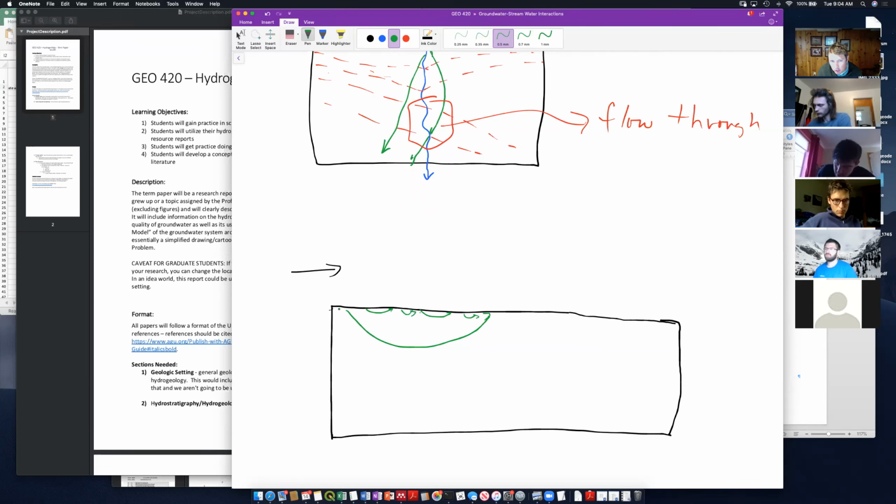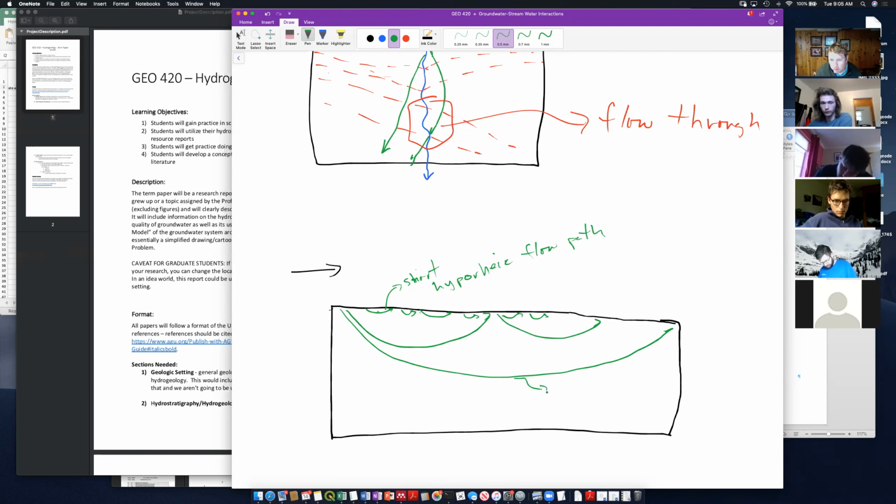So much like our groundwater basin, we have both short hyporheic flow paths and we have long ones, and we have this nested flow.